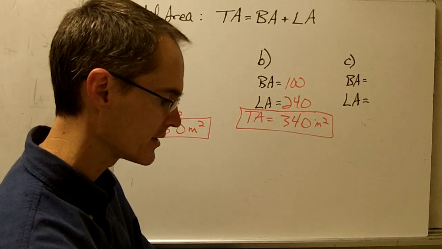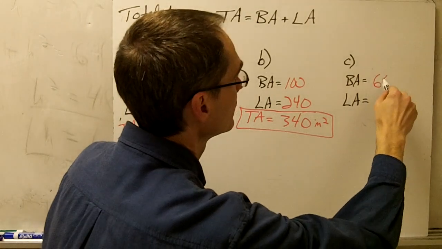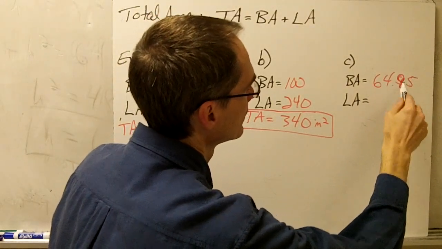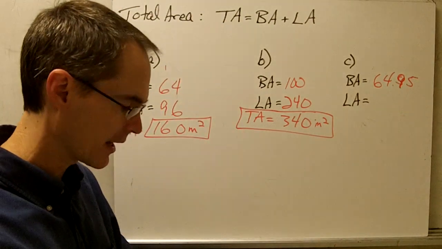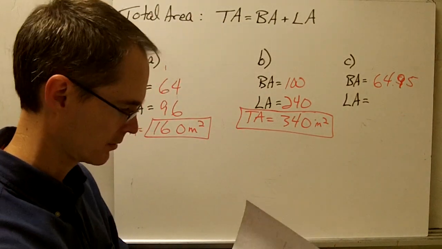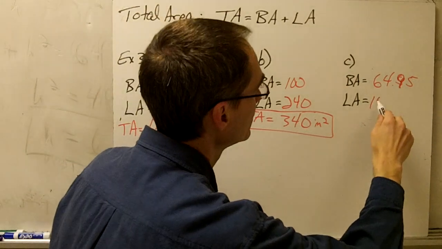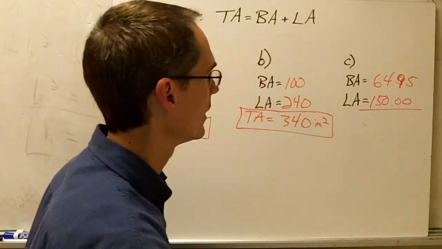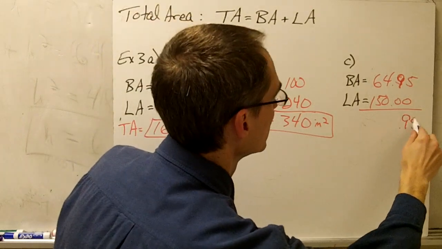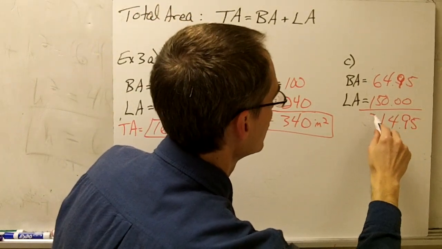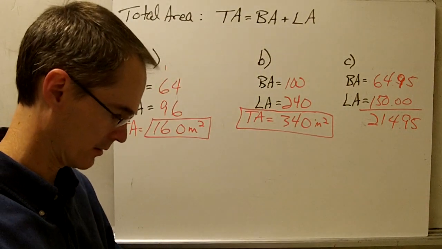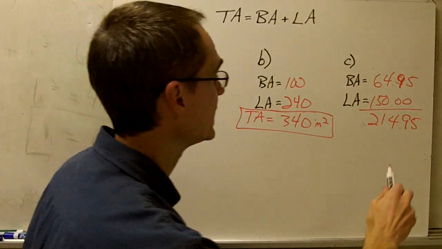My base area is 64.95. My lateral area is 150 feet squared. And let's see, I add those up and I get 214, and this is in square feet.